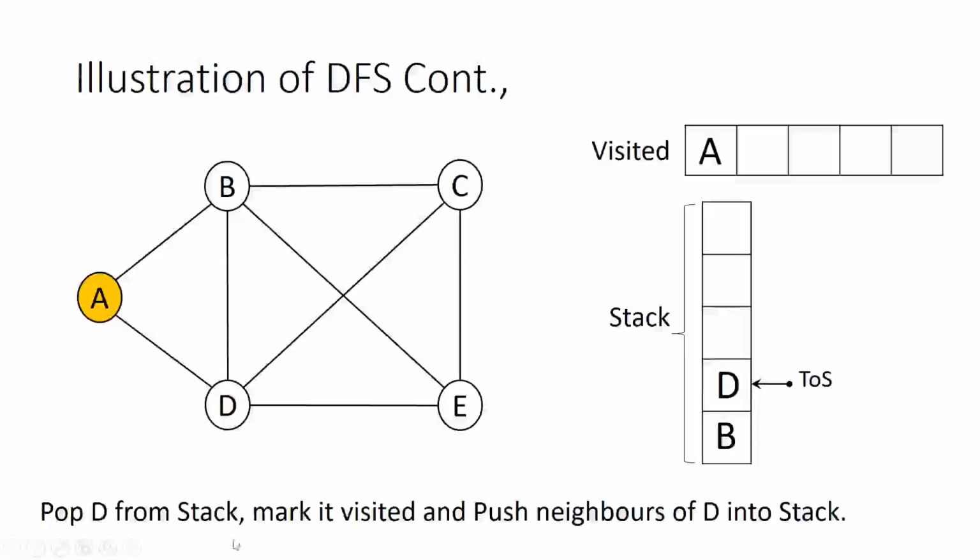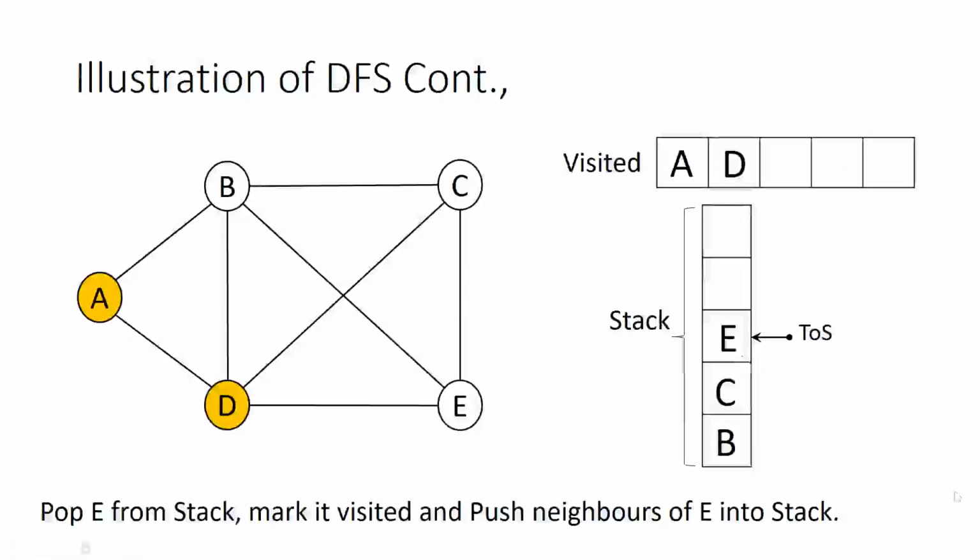So pop D from the stack, mark it visited, and push neighbors of D into the stack. When popping D, the neighbors C and E are there, so you can push C and E into the stack. Again the order doesn't matter. You can see D is removed from the stack and copied to visited, and C and E exist here.